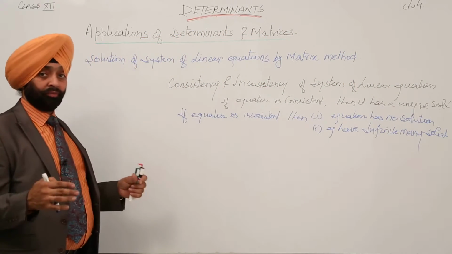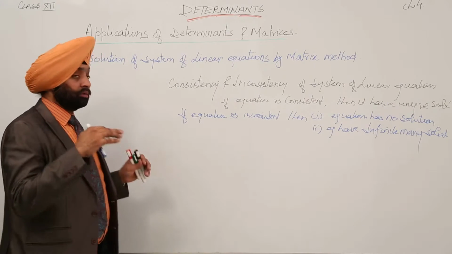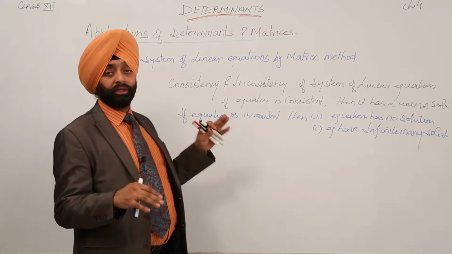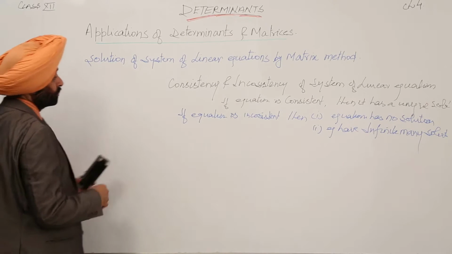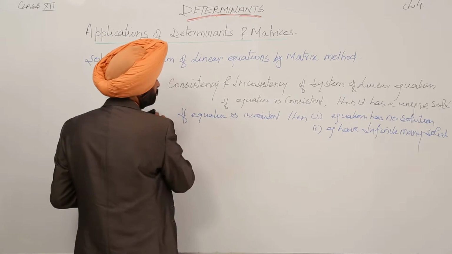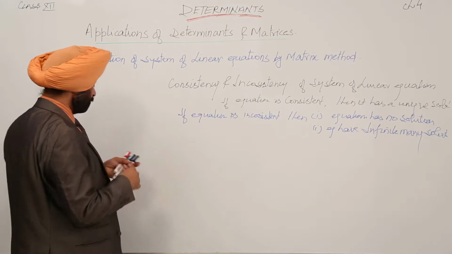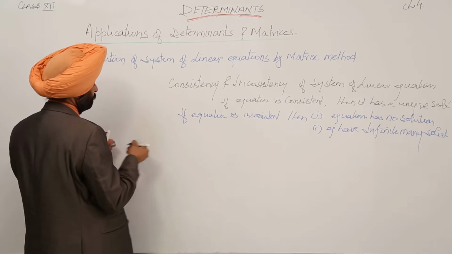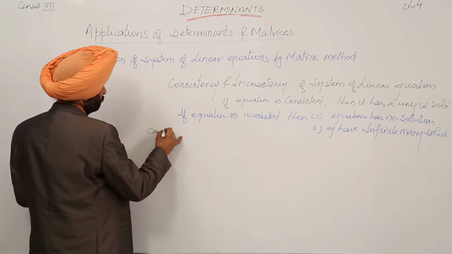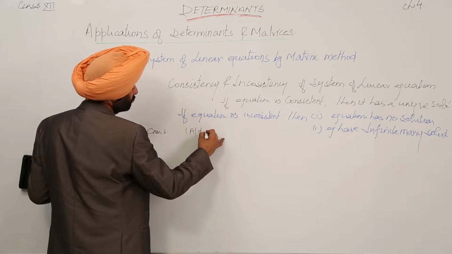Now here in this topic, we have to do this with determinants. For the determinant part, let it be case 1. Case 1 is determinant of A is not equal to 0.